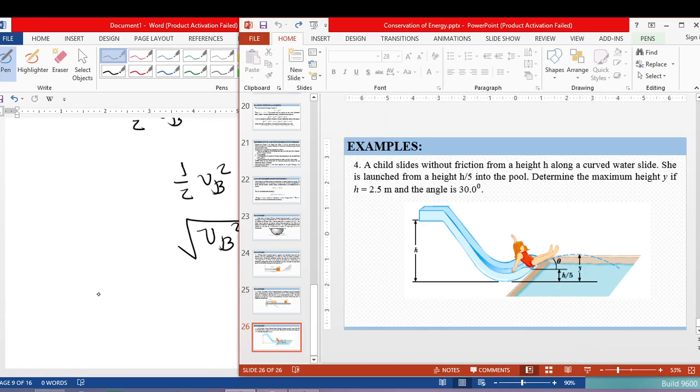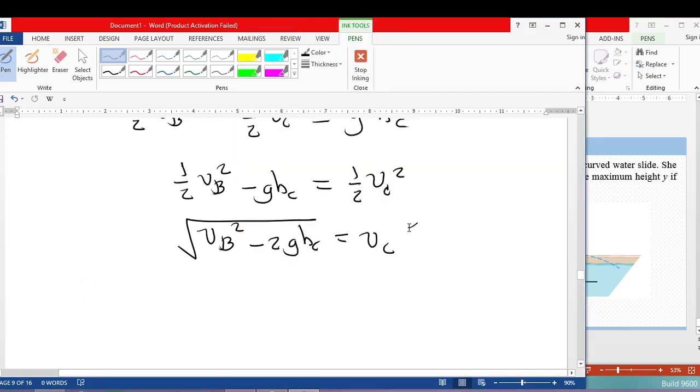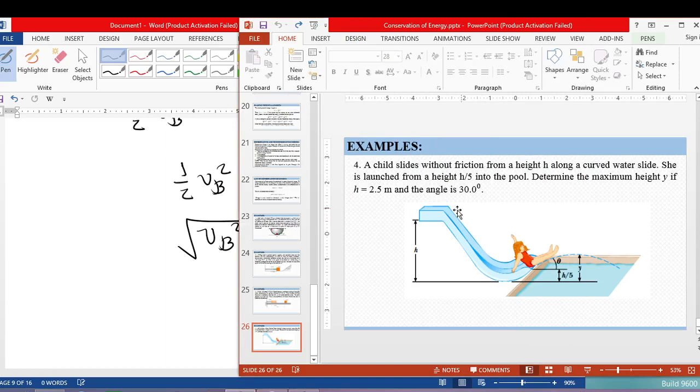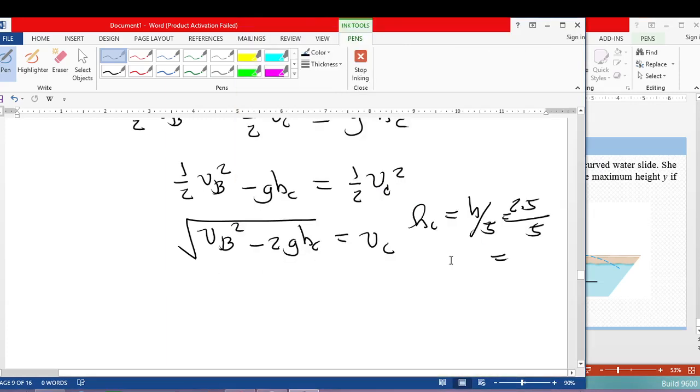So what is your hC? hC is equal to h over 5, or 2.5 divided by 5. So how much is that? That is equal to 0.5 meters.